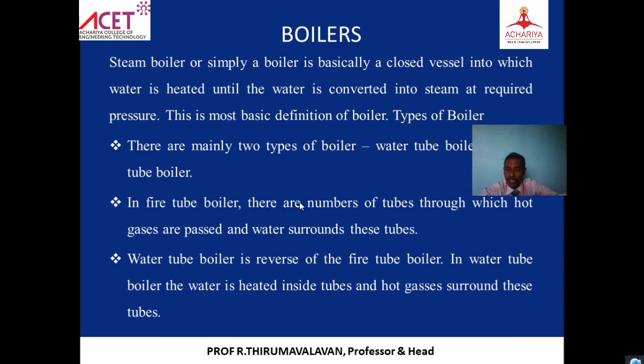How those are generated we will discuss in the next class, what you mean by a boiler. Today we discussed only the vapor power cycles and how the vapor works. We will discuss how these vapors are generated in the next class. Thank you, students.